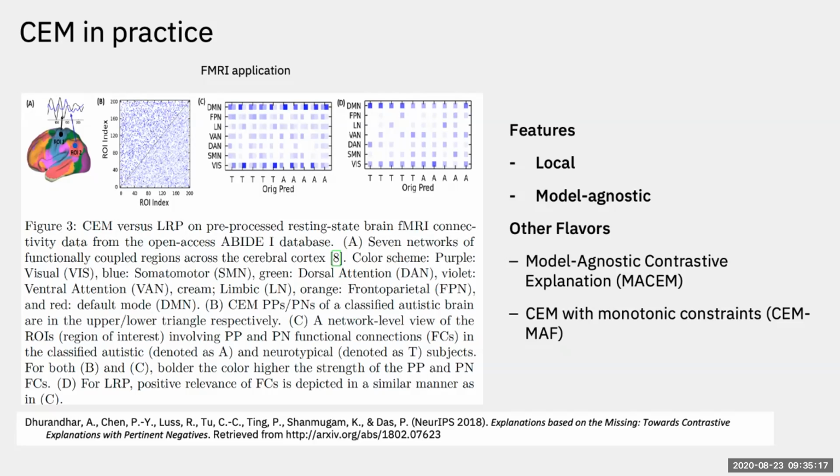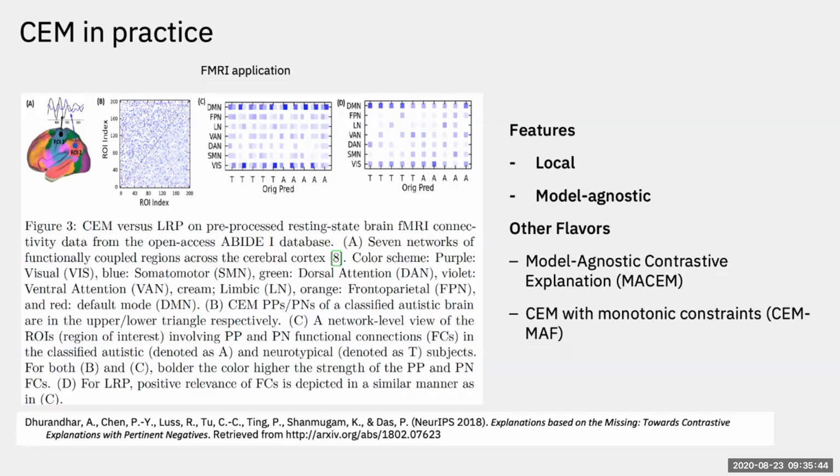However, in the last figure, LRP only highlights feature importance by a single entry in the heat map. So this shows the effectiveness of the CEM algorithm, which can identify both pertinent positives and pertinent negatives for each of these subjects. And it turned out that the results are consistent between these two algorithms.